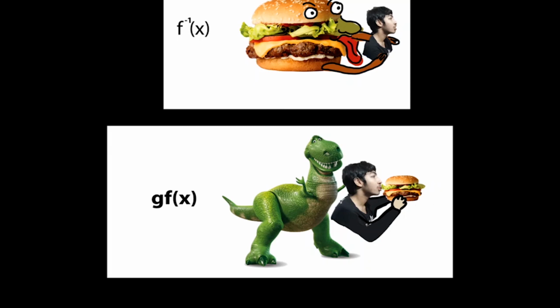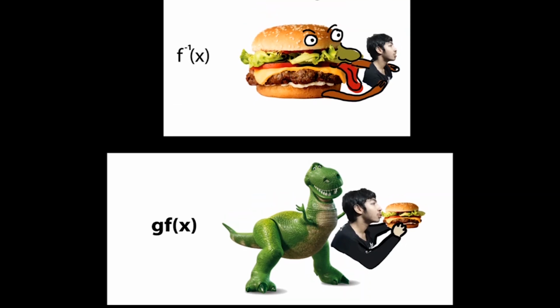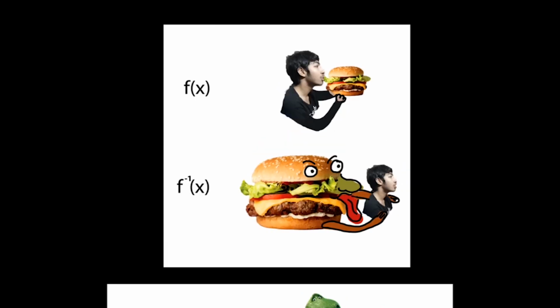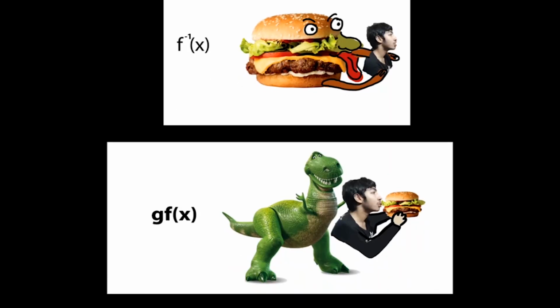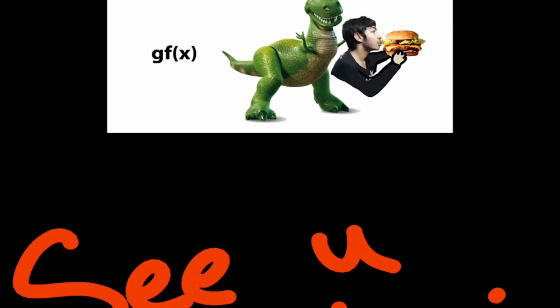Sorry if you thought Rex didn't eat humans, but he makes exceptions for Shomos. So here, this is f of x, and this is the f inverse x, and basically how this works is, wait, why am I explaining this meme? I'm pretty sure you guys have seen these memes, right? Oh, wait, who explains memes? Alright, anyways, that's all for today.